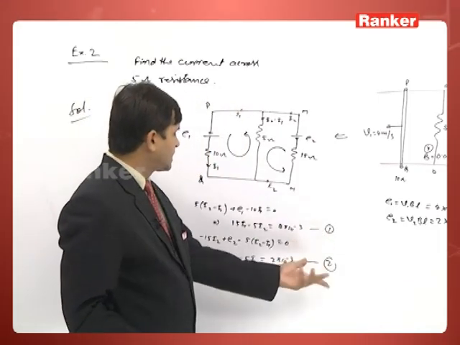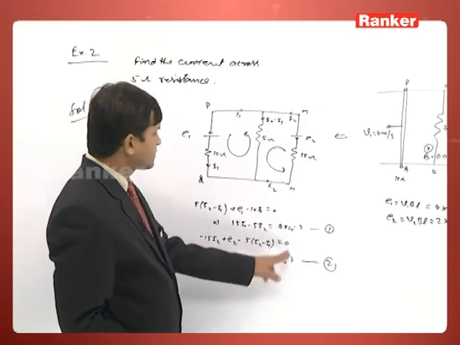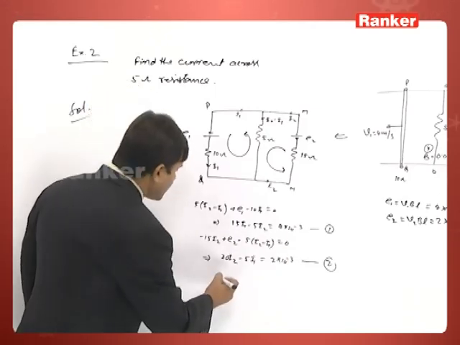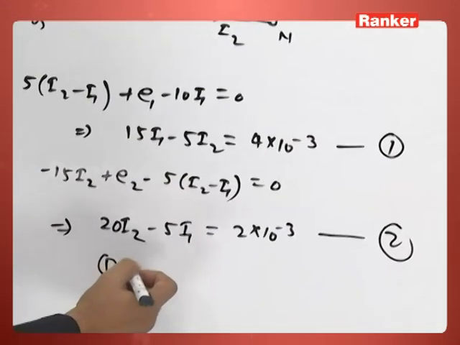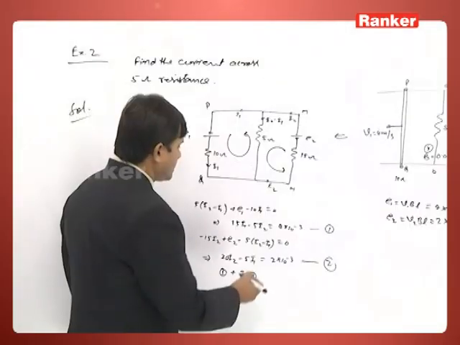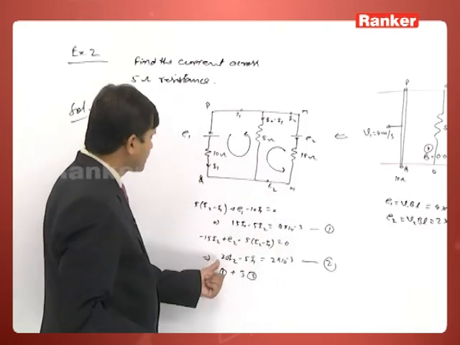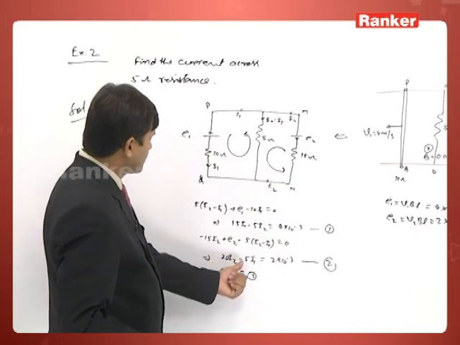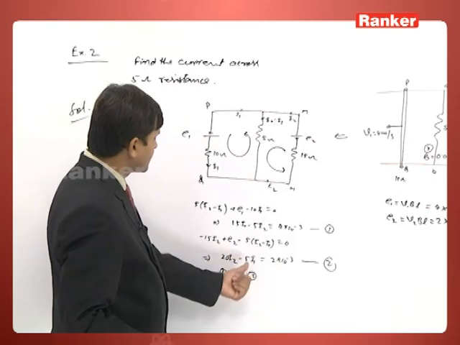Now one thing we can do is add equation 1 plus 3 times equation 2. When we multiply equation 2 by 3, this and this will cancel.